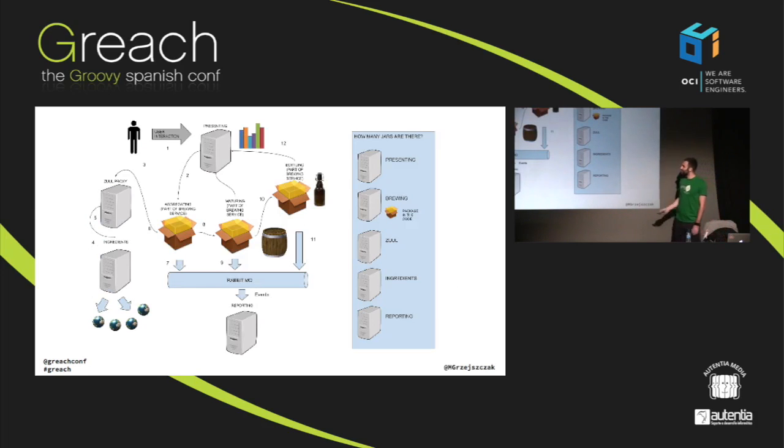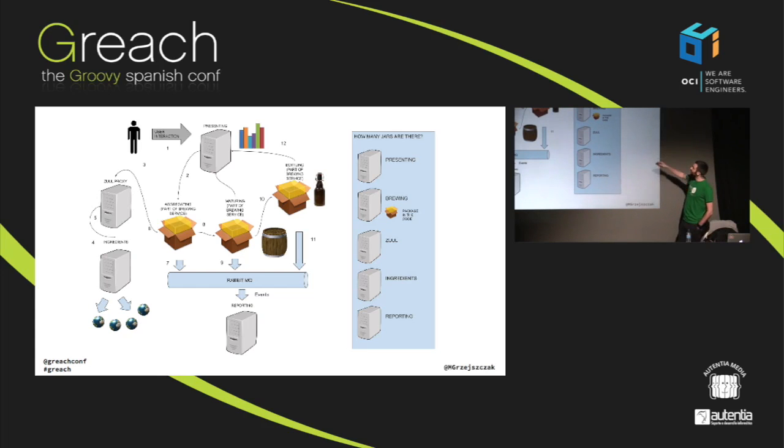This is another graph that shows you what your system looks like. It's not as nice as the one from Zipkin, but it shows you the interactions in the brewery. Here we have the user clicking something on the UI. Those three boxes are parts of a brewing service, so it's one jar. The servers are separate jars.